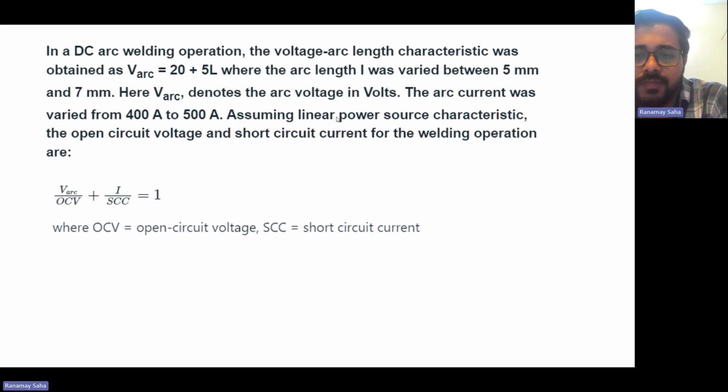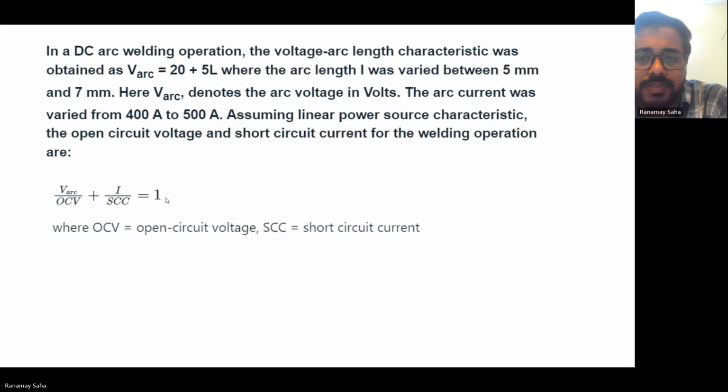Now assuming linear power source characteristics, the open circuit voltage and the short circuit current are to be found. For linear power source characteristics, this relation holds, where V is the arc voltage, OCV is the open circuit voltage, I is the current, and SCC is the short circuit current.